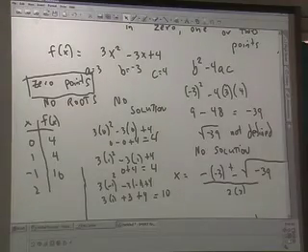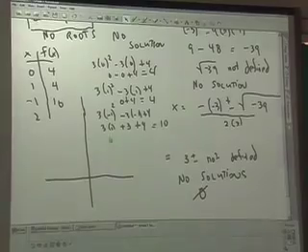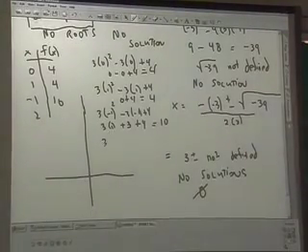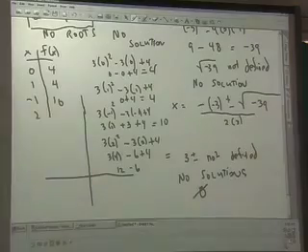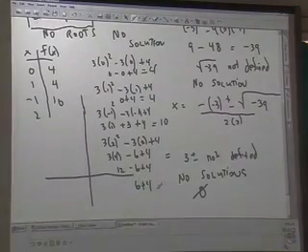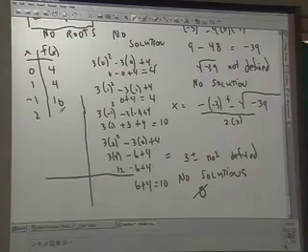Many of these quadratic functions give you a certain type of shape called a parabola. For 2, 3 times 2 squared is 3 times 4, which is 12 minus 6 plus 4, which is 6 plus 4 equals 10. Again, we get 10.